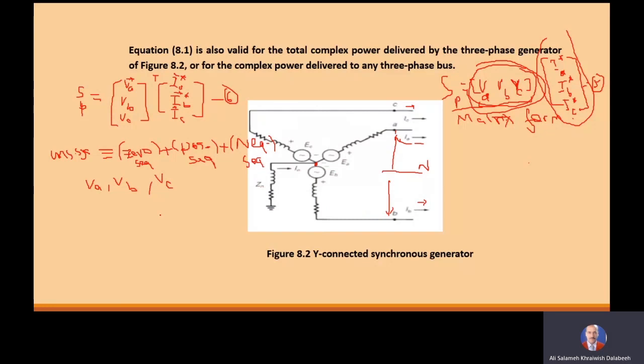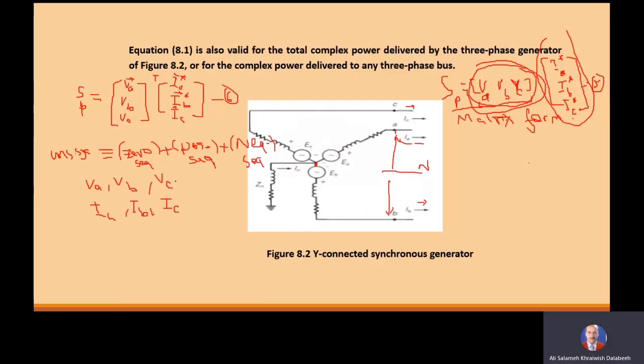Okay, in the symmetrical system, as we said, these vectors, the voltages and the currents, IA, IB, IC, are equal in magnitude, and there is a displacement by 120 degrees.